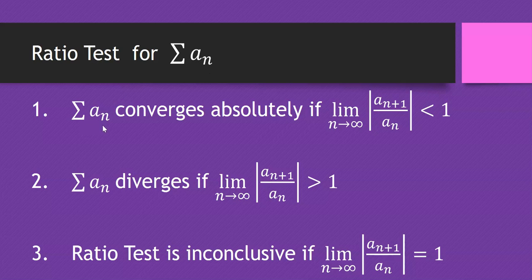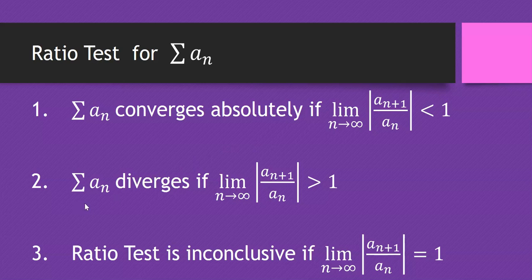By the way, I left off the n equals 1 to infinity because obviously we can do n equals anything to infinity if we wanted to. But this series is going to converge absolutely if the limit of the ratio between term n plus 1 and term n in terms of absolute value is less than 1.